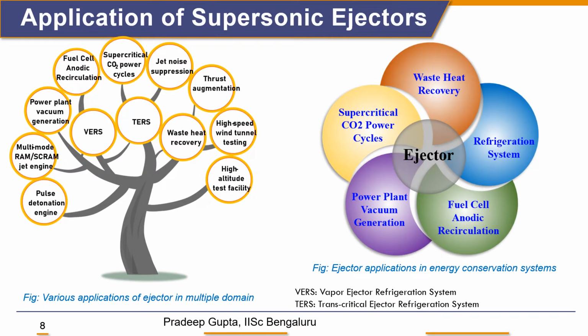As we mentioned, the ejector has simple geometry and does not have any moving parts. So it has applications in different areas, which are mentioned here, like the vapor ejector refrigeration system, transcritical ejector refrigeration system, waste heat recovery, high altitude test facility, high speed wind tunnel testing, thrust augmentation, jet noise suppression, supercritical CO2 power cycle, fuel cell anode recirculation, power plant vacuum generation, multi-mode ram scramjet engines, and pulse detonation engine.